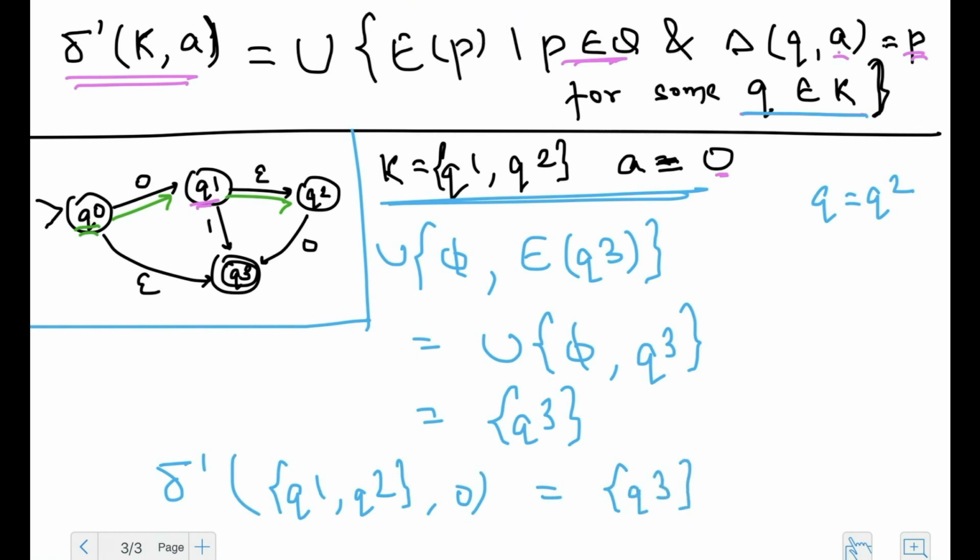And remember that this thing is a single state in my DFA, and this is also a single state in my DFA. So that's about subset construction. All of this gives us formal definitions for converting any given NFA to a DFA.